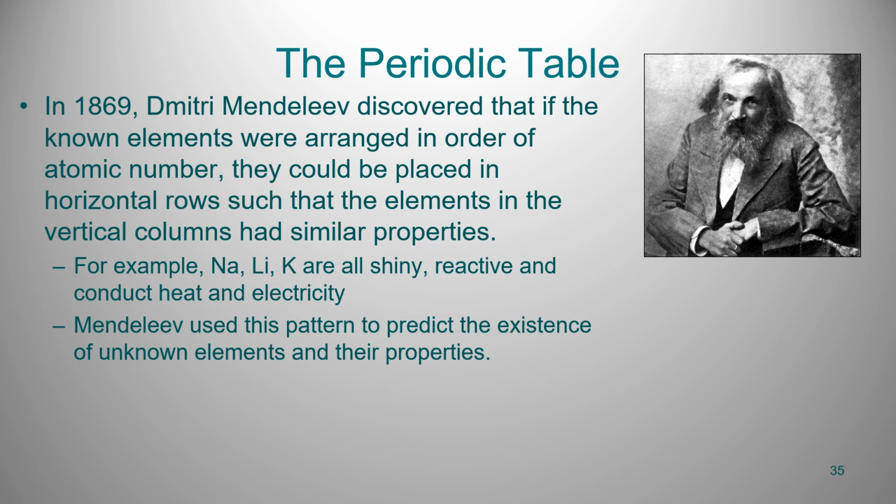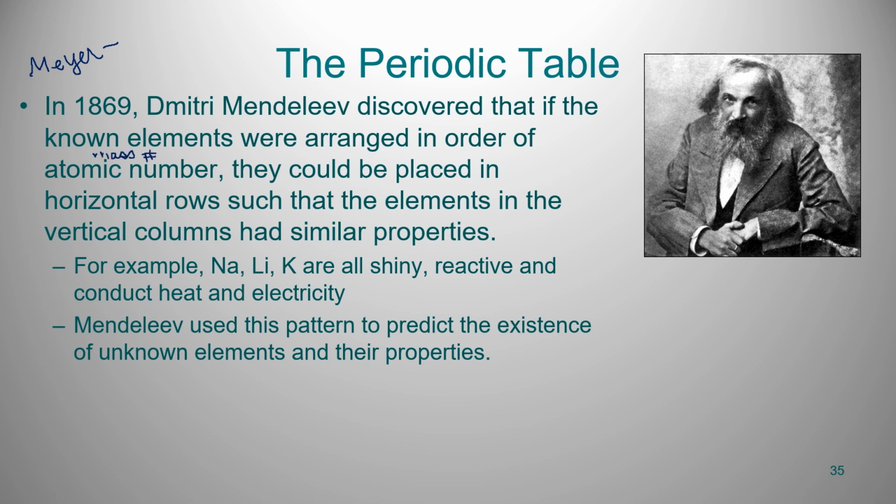Actually, another German scientist, Meyer, just slightly after him, worked independently and came up with the same ideas. Dmitry Mendeleev was Russian. But they both discovered that if you arrange the elements in order of atomic number, actually they didn't even know about atomic number yet, but they did it by mass number.